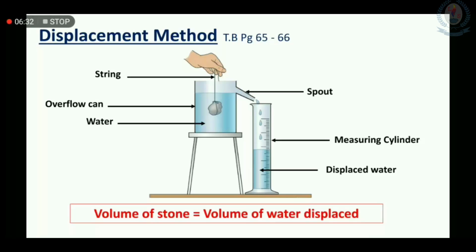If you observe this scenario well, you will understand that the volume of water displaced due to the immersing of stone in water is equal to the volume of the stone which is placed in water.